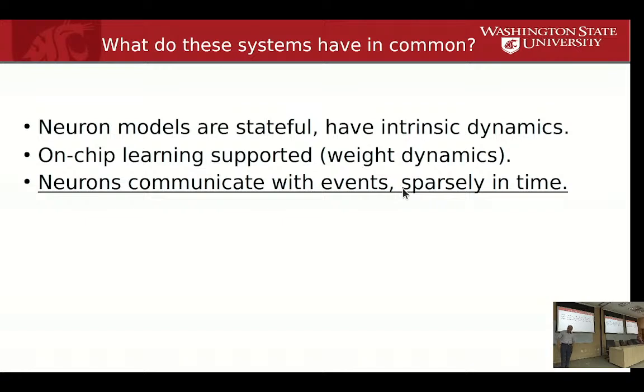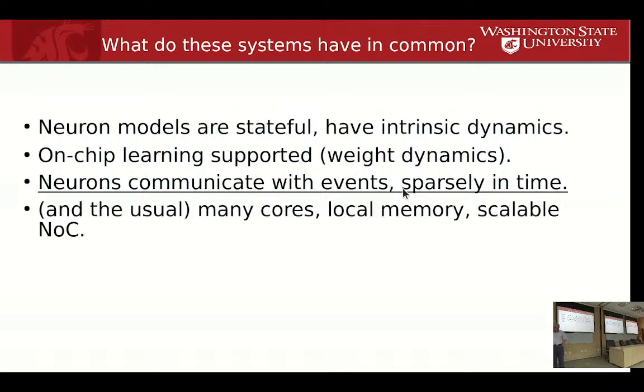And neurons of the devices that we're interested in communicate with events, and typically sparsely in time. And finally, the main feature of most of those architectures is that they have many cores. Usually there are thousands to millions of those units on a single chip.